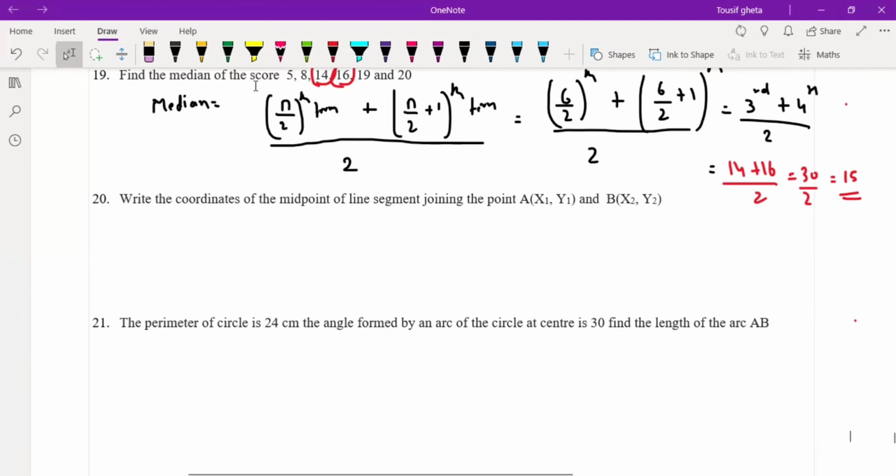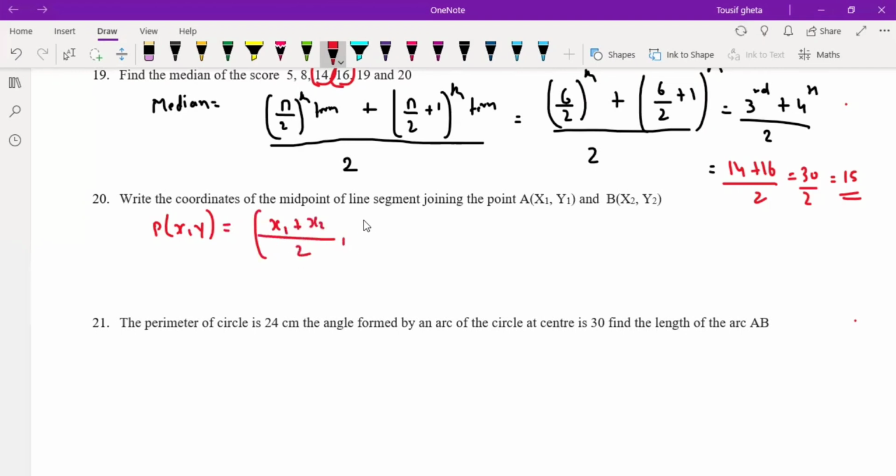The midpoint P of (x, y) is equal to the midpoint formula we know: ((x1 + x2)/2, (y1 + y2)/2). That's all. No substitution because they did not give any values. The points are in the form of x1, y1. That will be the solution for your question.